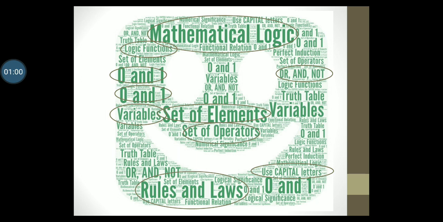An important thing to remember here is that all variables and logic functions have a logical significance only and not a numerical significance. Any logic function or functional relationship in Boolean algebra can be proved by a method called perfect induction, which is nothing but a truth table.